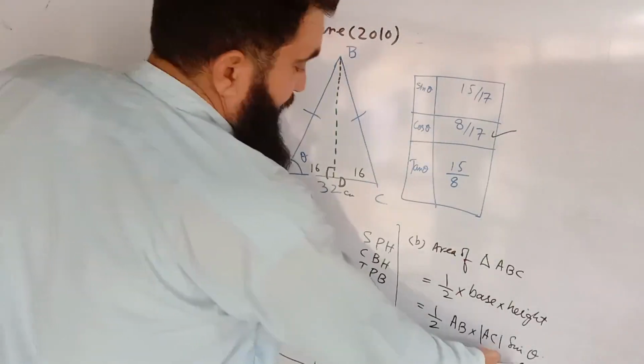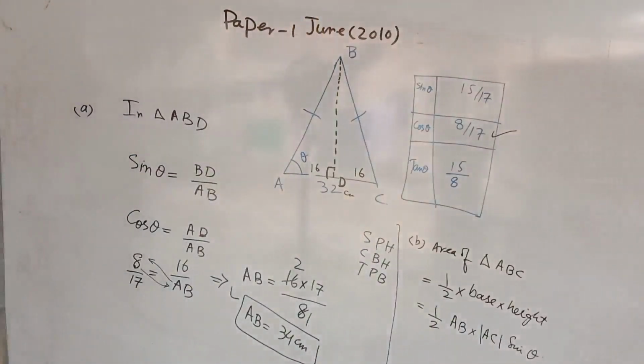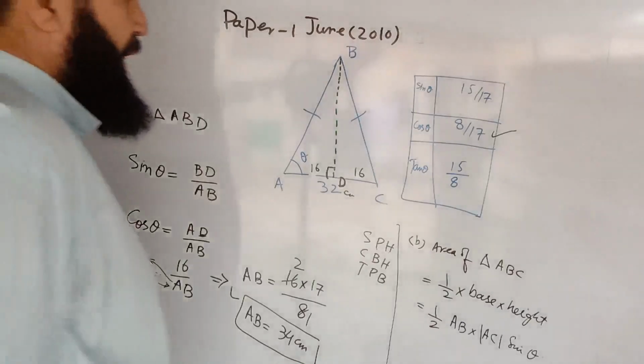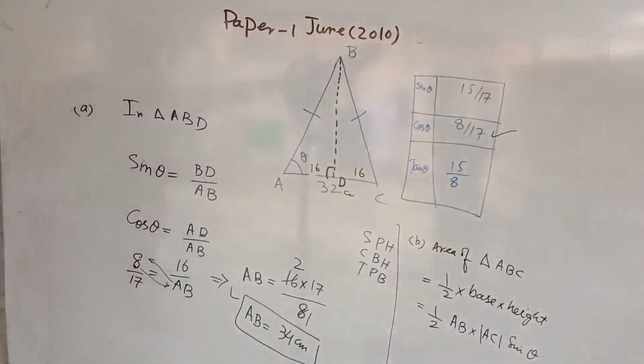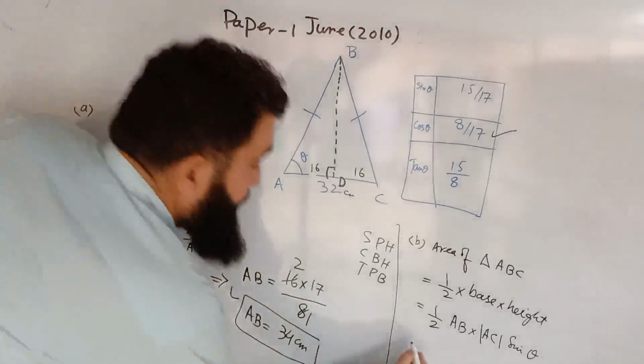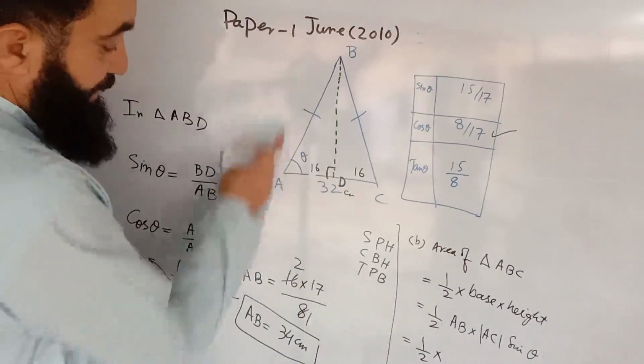If we put the value of sine theta as height over hypotenuse, the hypotenuse will be cancelled and we get again this formula. So here two sides are AC and AB and their included angle is theta. Put the values. This will be equal to 1/2 into AB. AB we just calculated as 34.